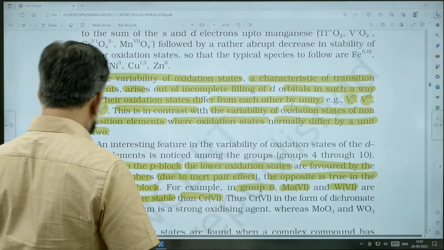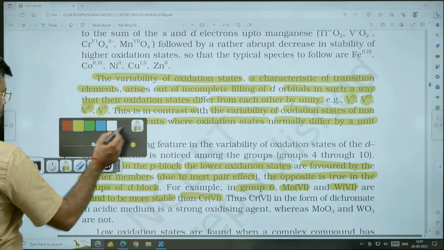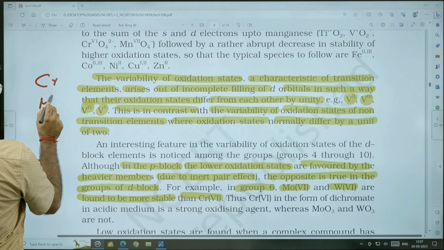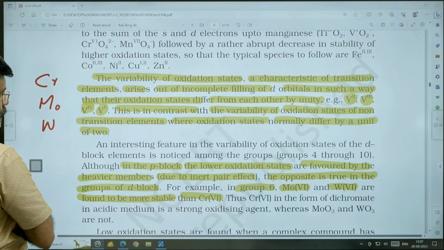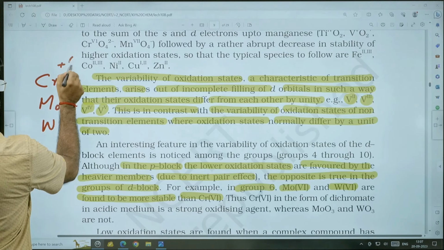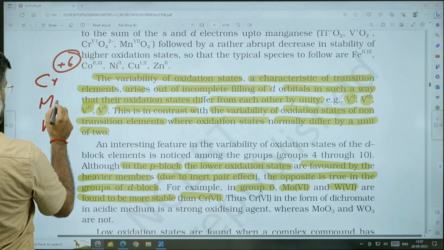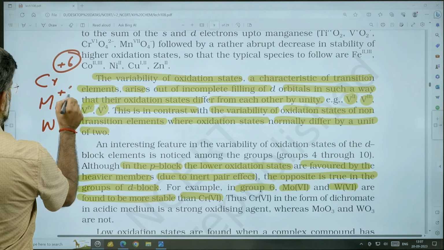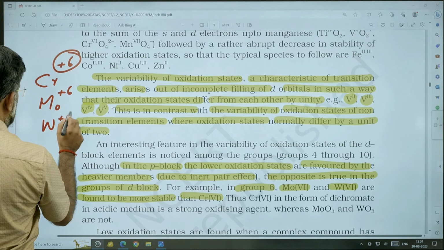The elements in group 6 are coming like this: chromium, molybdenum, tungsten. Chromium +6 is stable. Chromium +6 forms, molybdenum +6 forms, tungsten +6 forms.